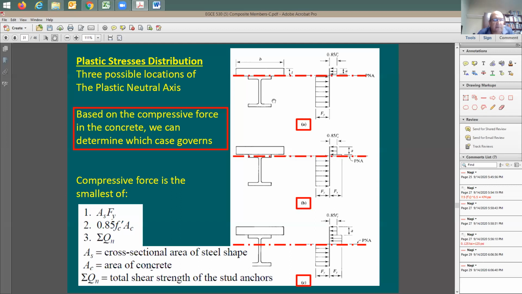Now look at the compression. You need to say, what is the maximum compression force that the concrete is going to be able to see? Usually C is going to be equal to T at the end of the day. So it is true that based on your simple analysis, 0.85 F prime C times b times t is equal to 1,000 kips. But in reality, it cannot be more than this 600.